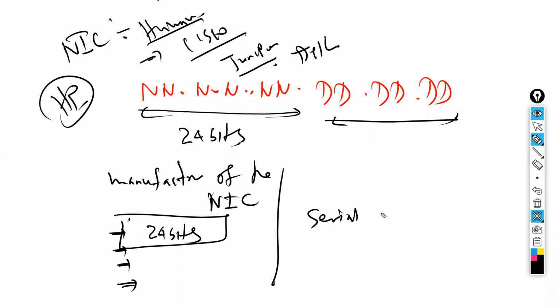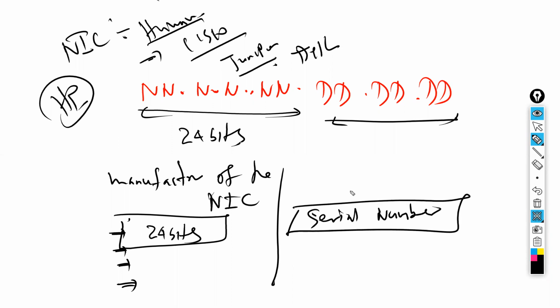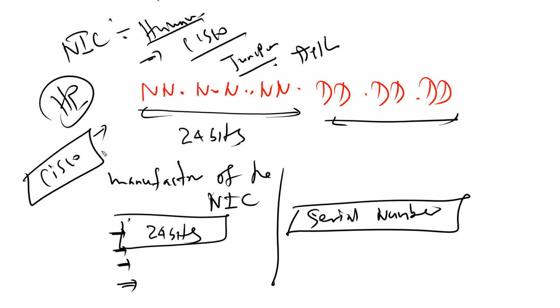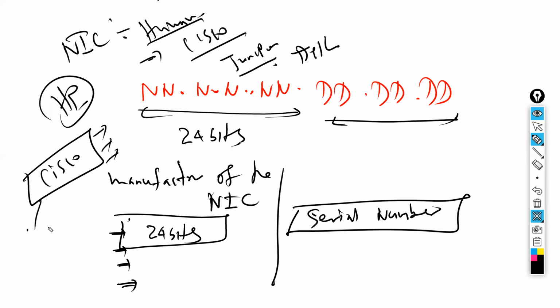Serial number means, for example, the Cisco company will not produce only one NIC, not only one.